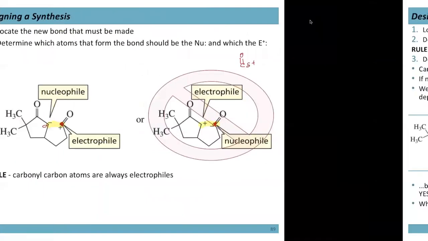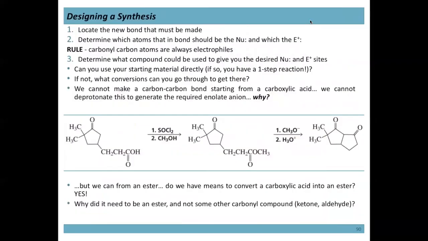So to do this synthesis with the molecule that we start with, which is given here, I need to be able to make that into a nucleophile. And you notice what they gave us is a carboxylic acid, which is a very poor leaving group. So I need to convert that into a good leaving group. And the leaving groups that we've seen that work really well with alpha carbon chemistry are esters.